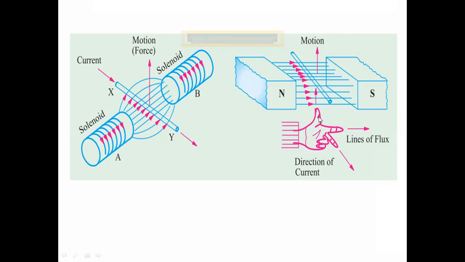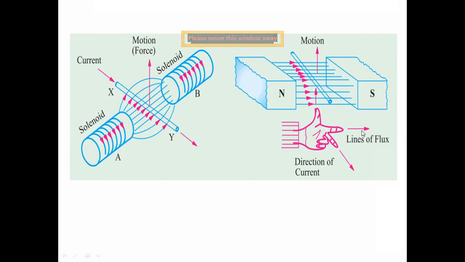That force is perpendicular to both these directions. If you consider this the x direction and this the y direction, this force will be in the z direction. So there are three directions.